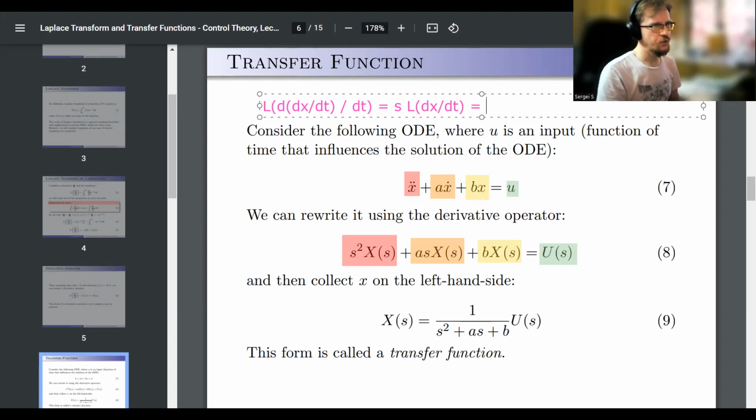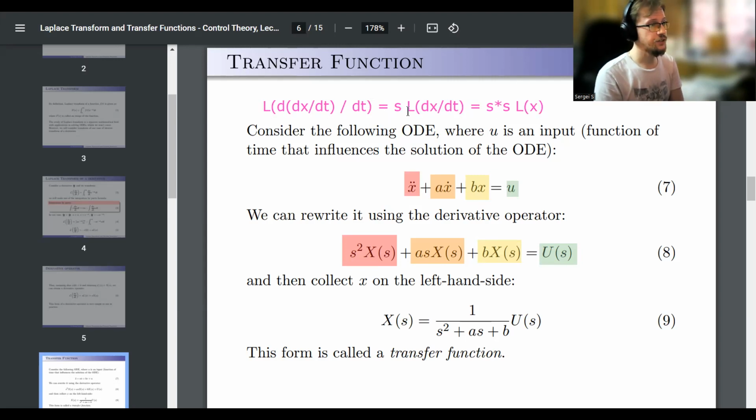But this we already know what it is. This is just s times s times the Laplace transform of x. So this is how we get it. The Laplace transform of a derivative of a function is the Laplace transform of the function times s. But this time the function itself is a derivative, so the Laplace transform of it will again produce another s. So this is how we get those relations.